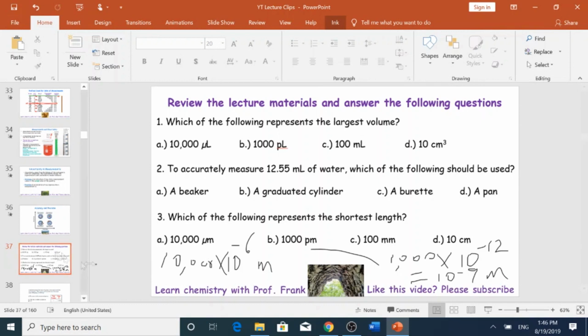And here we have 10,000, so 10 to the fourth, times 10 to negative 6, which gives us 10 to negative 2 meters. So now we are comparing 10 to negative 2 meters, which is 10,000 micrometers, with 10 to negative 9 meters, which is 1,000 picometers. The correct answer for question 3 should be B.